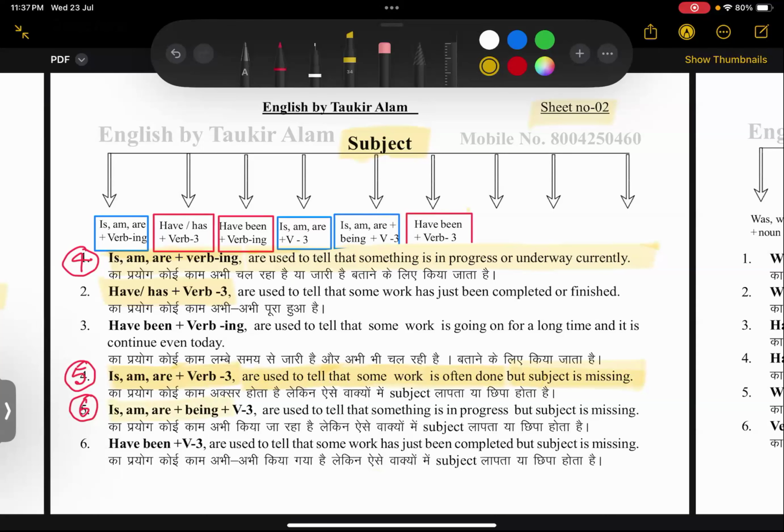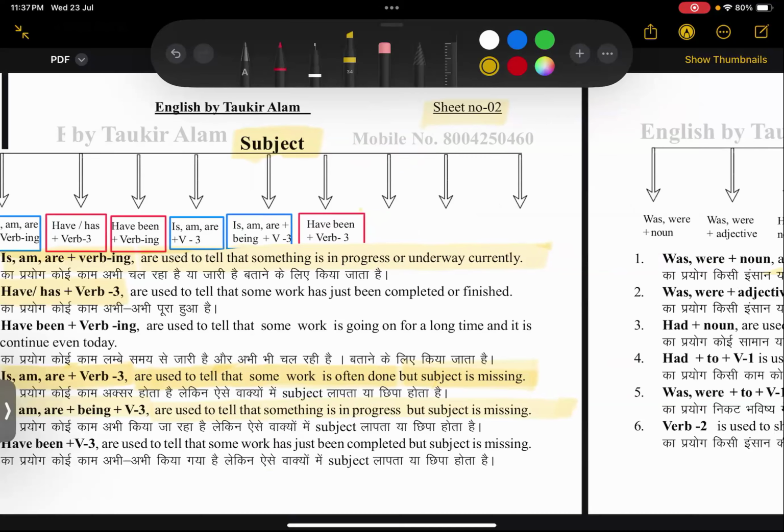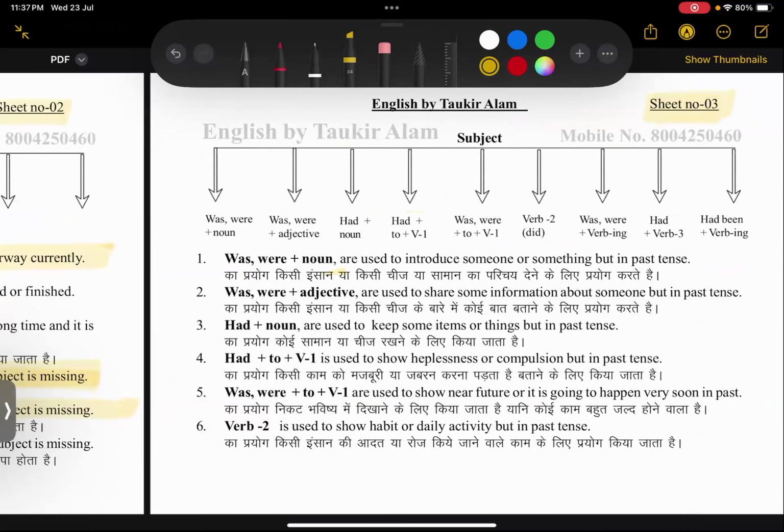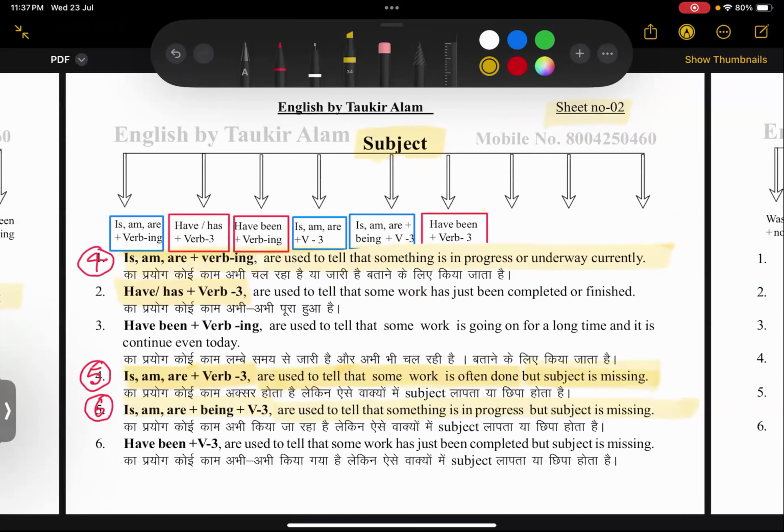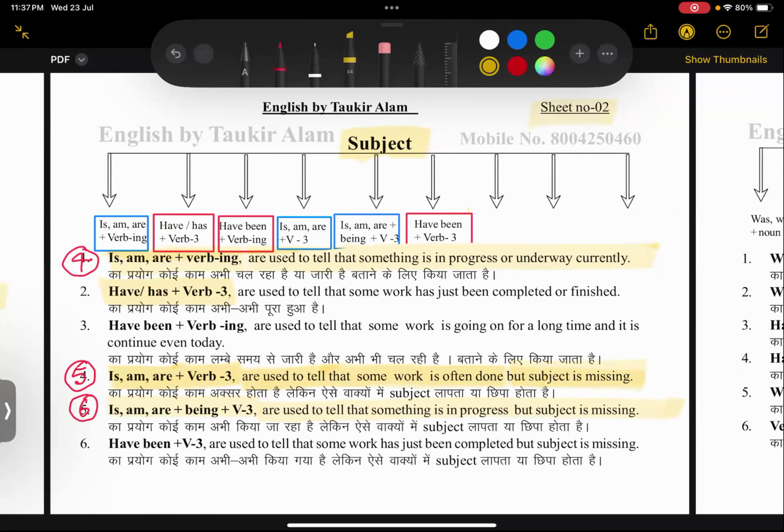And is, am, are plus being plus verb in third form are used to tell that something is in progress but the subject is missing. Well, that's all. So I told you 6 ways to use is, am, are.